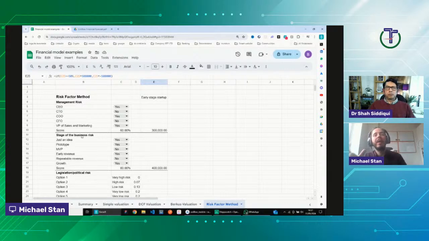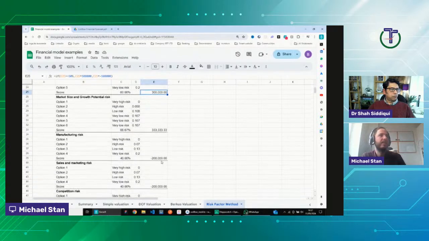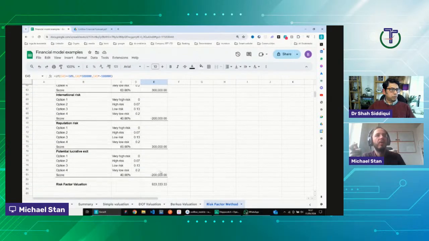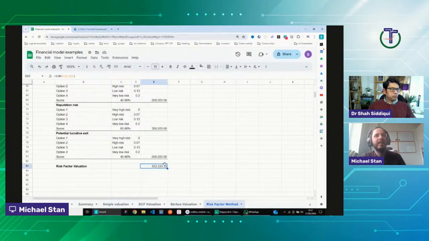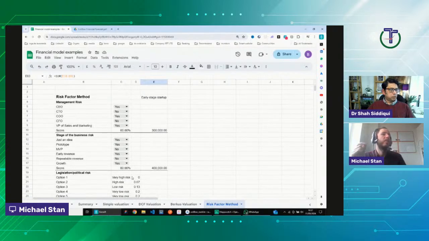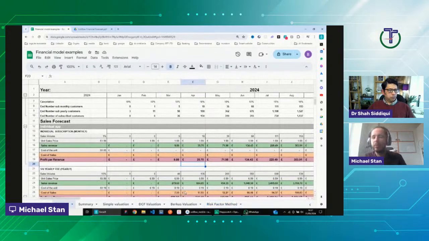Based on those risks, you add value to, or deduct value from, the company to, at the end of the day, get to a certain valuation. So yeah, those are the four basic and, I think, most used methods of valuation for early-stage startups.